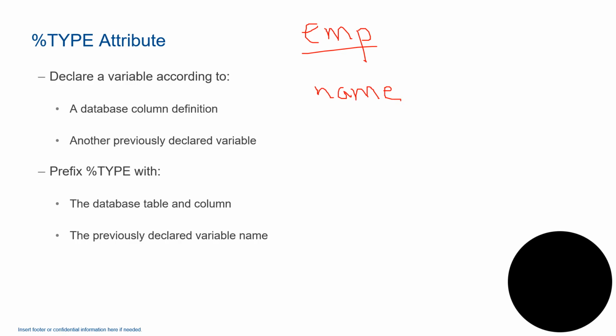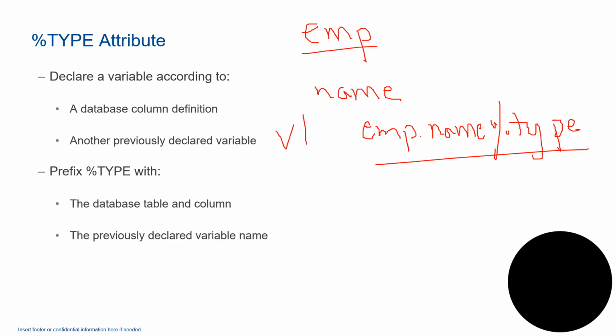If we take a variable v1 and define it as employee.name%TYPE, this defines that v1 has the same definition as the name column in table employee.